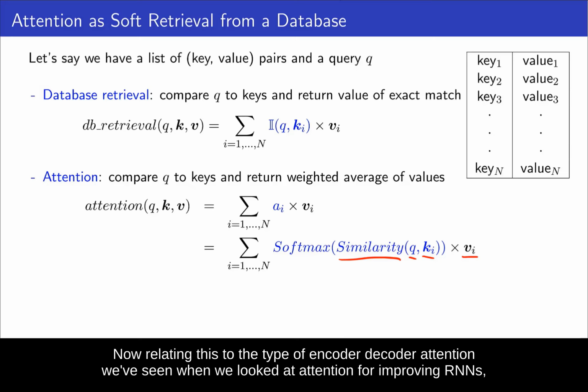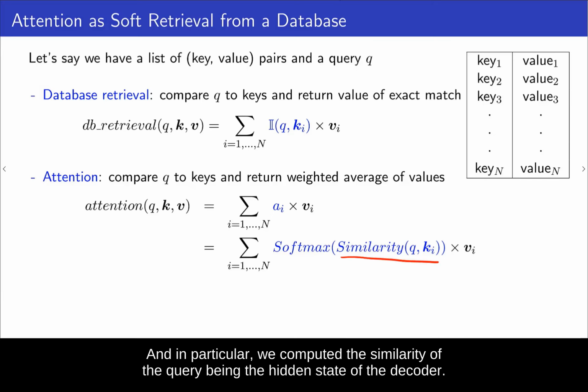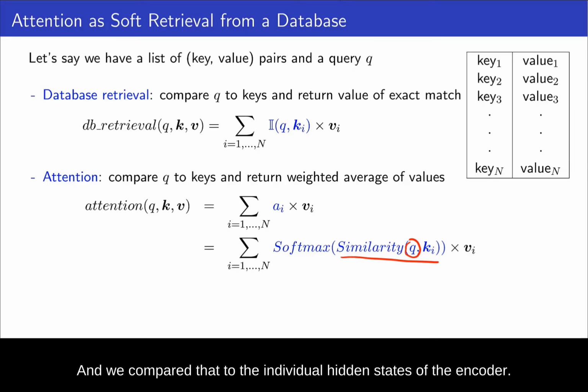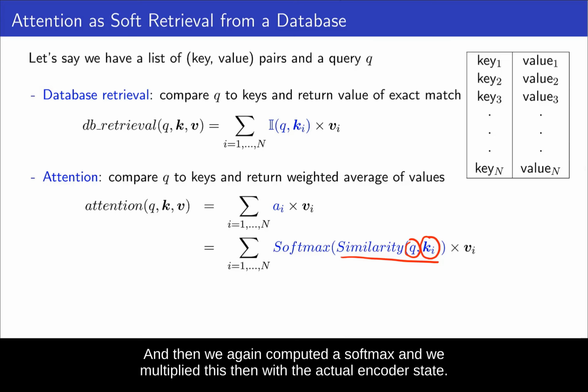Now, relating this to the type of encoder-decoder attention we've seen when we looked at attention for improving RNNs, we also had a similarity function like this. And in particular, we computed the similarity of the query being the hidden state of the decoder, and we compared that to the individual hidden states of the encoder. And then we again computed a softmax, and we multiplied this then with the actual encoder state.